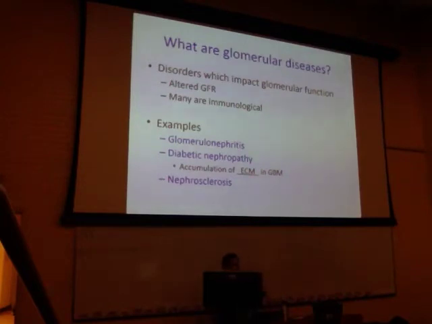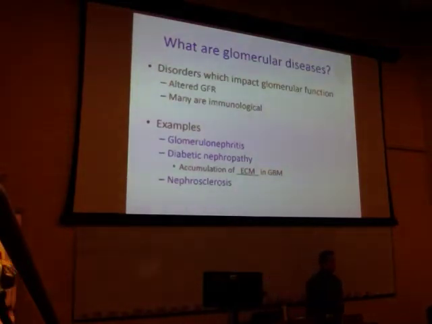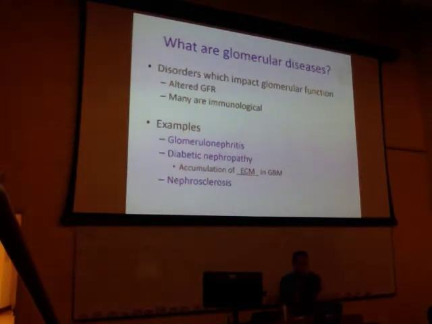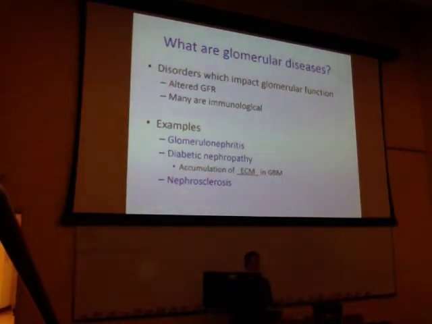And then lastly, we're going to look at nephrosclerosis. This is a disorder that targets the arterioles of the kidney. They become damaged, and they become scarred.